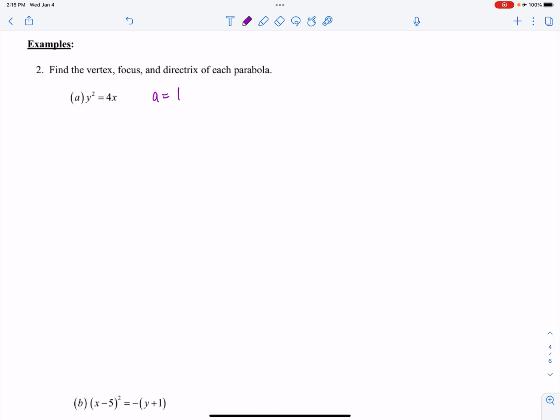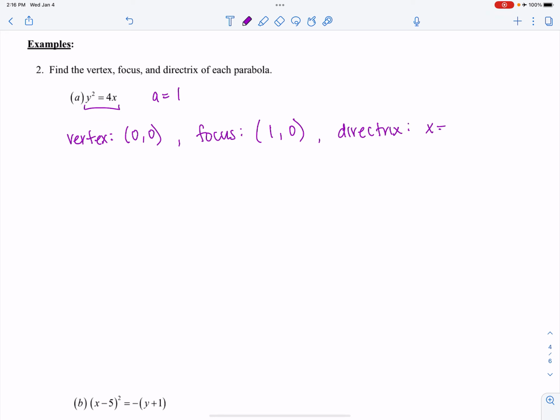And looking at the characteristic table in the textbook, I can see that when I have a function that looks like this, my vertex is at the origin, my focus is at (1, 0), because my a value is 1, and my directrix is x equals -1.